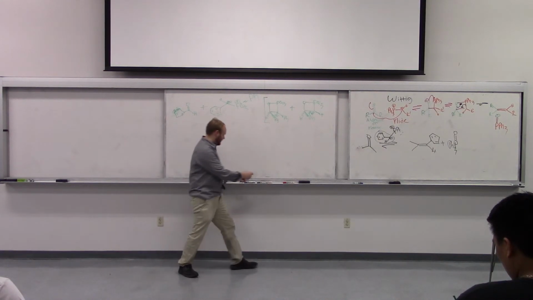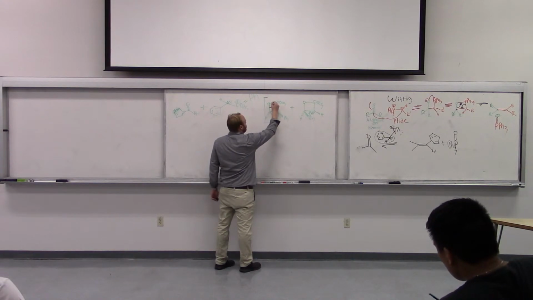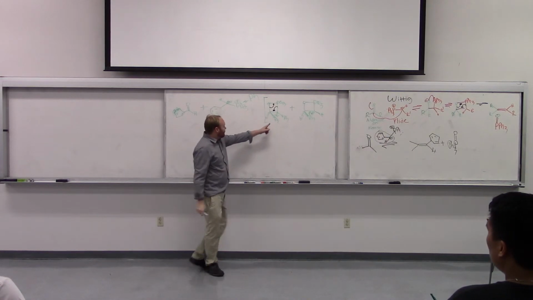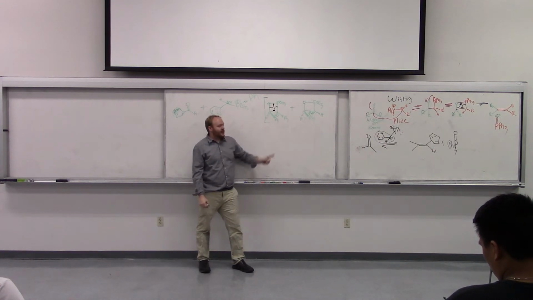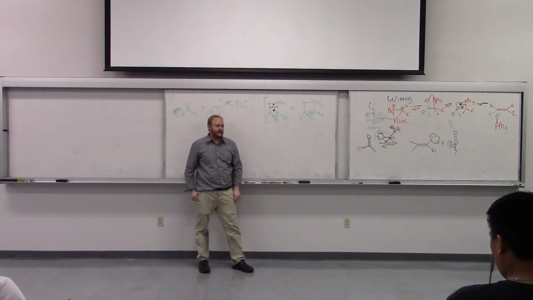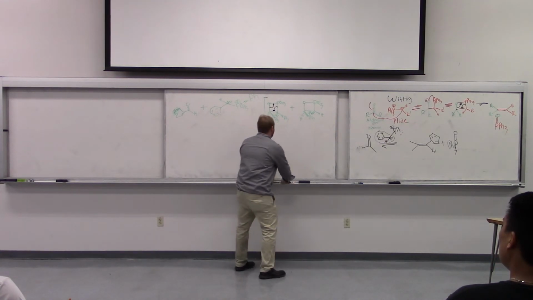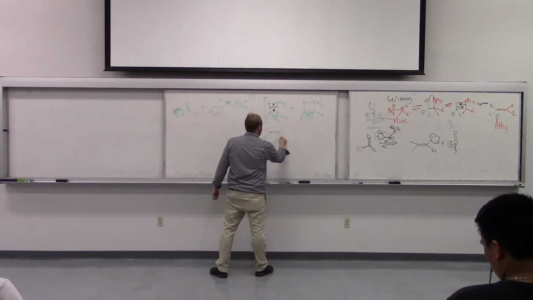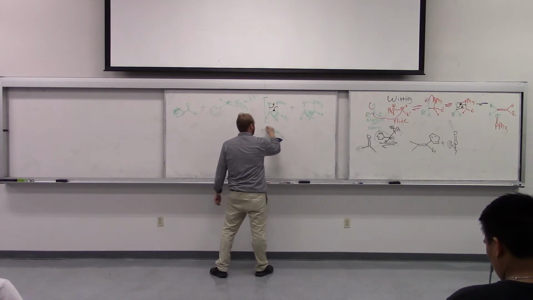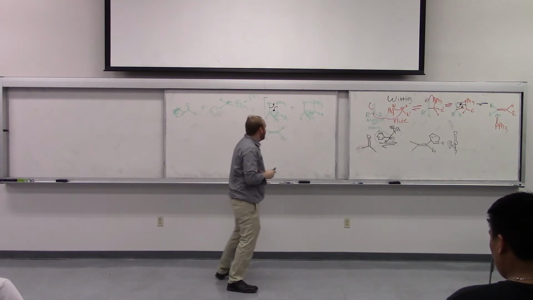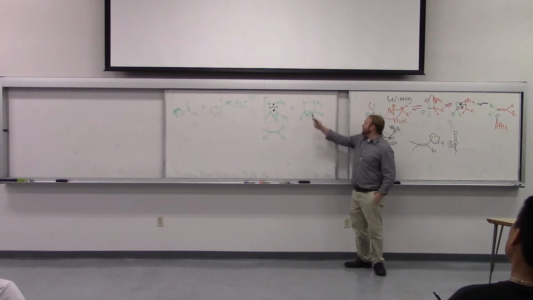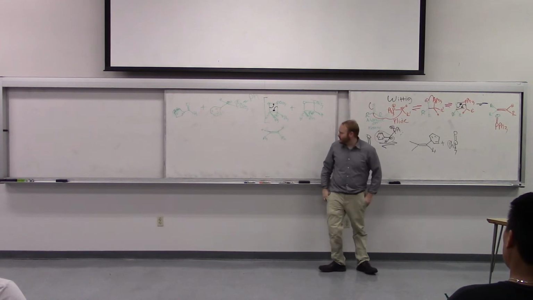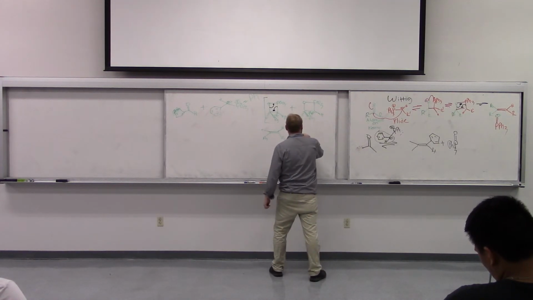So just for fun, when we do the final step to give us our triphenylphosphine oxide and our product, will this ring with the phenyl groups cis to each other give us the cis or trans olefin? It'll give us the cis olefin, absolutely. And now when we have the four-membered ring where the phenyl groups are trans to each other, will this give us a cis or a trans olefin? It will give us a trans olefin, of course. Very nice.